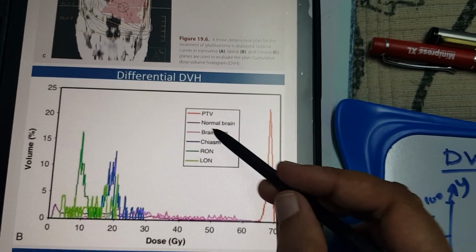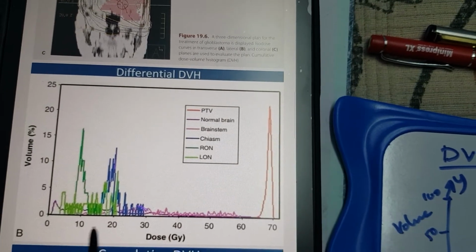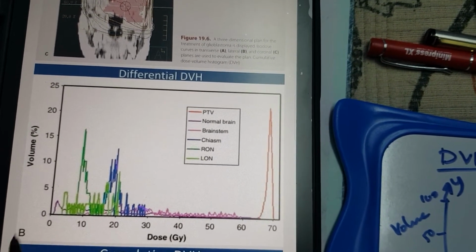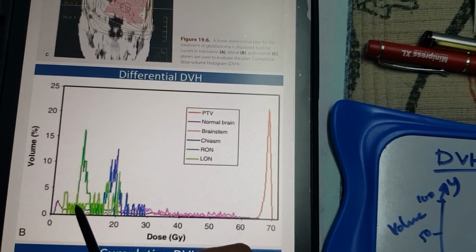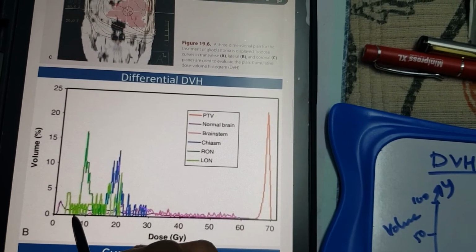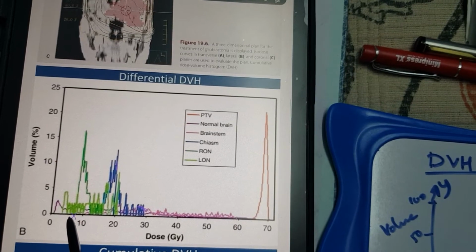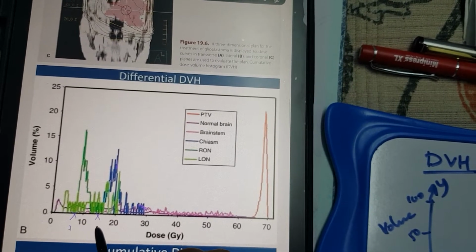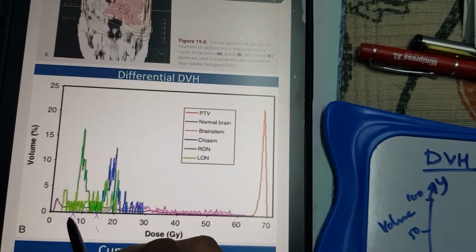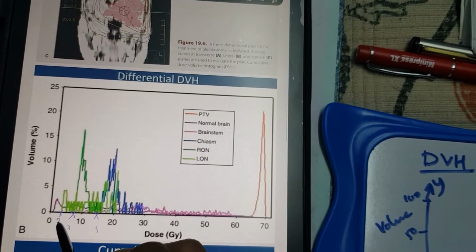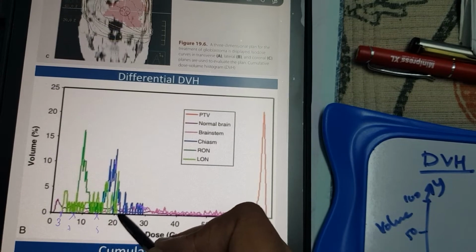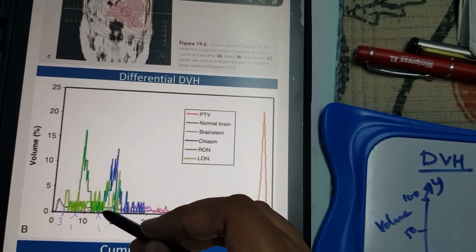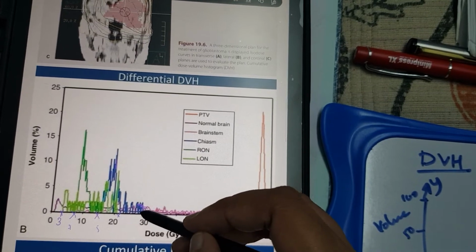And our OARs are normal brain, brainstem, chiasma, right ON and left ON. The right ON is receiving around 7 to 15. Our left optic nerve is receiving from around 3 to 20. Our chiasma is receiving from around 30 to 50.